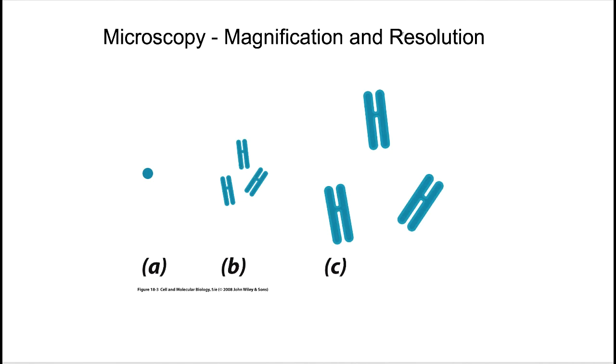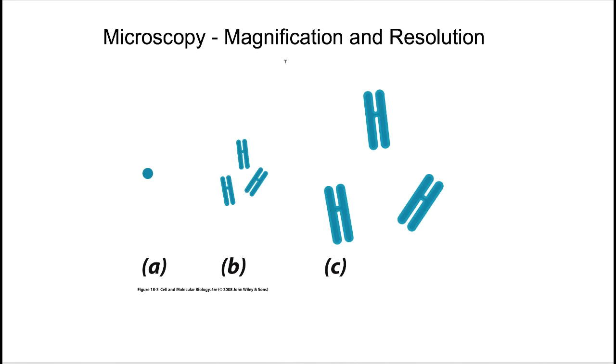Resolution means the shortest distance between two points that are recognized as separate entities. So by resolving individual points that used to be in this circle, they are now shown as individual spots that constitute this 3 H-shaped structure.